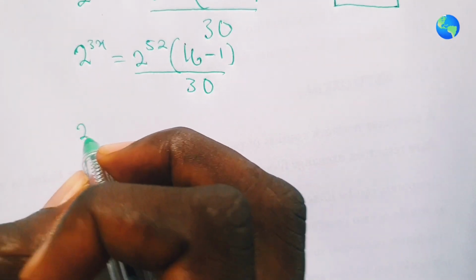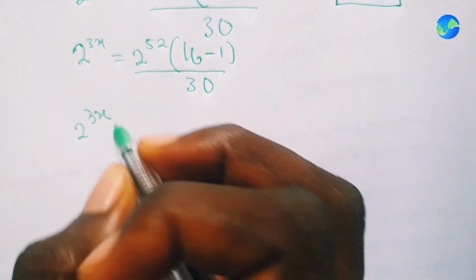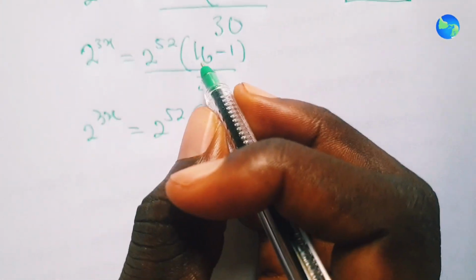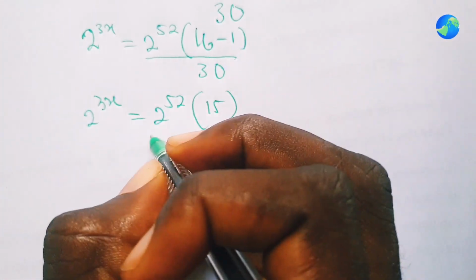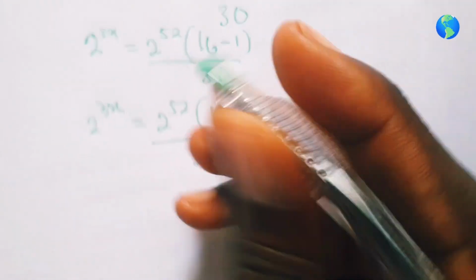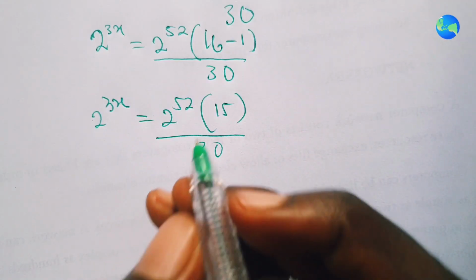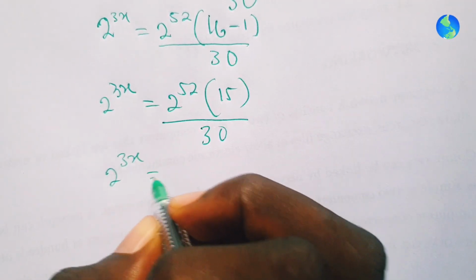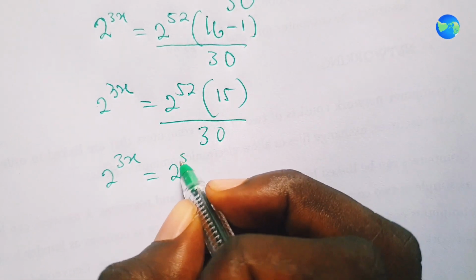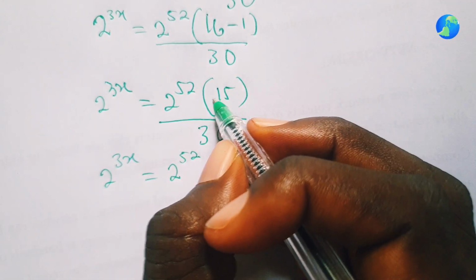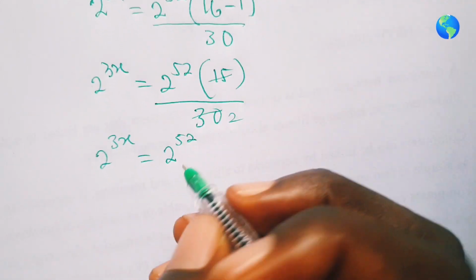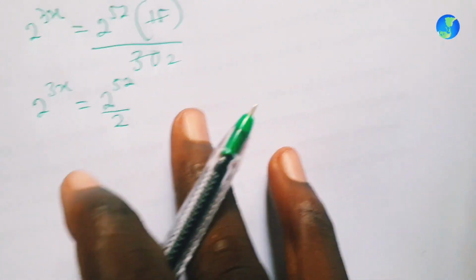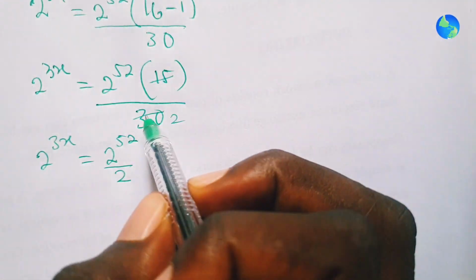So that is going to be 2 power 3x equals 2 power 52 into 16 minus 1, that's 15 over 30, right? So this can be rewritten as 2 power 3x is equals to 2 power 52. Clearly 15 can go into 30 two times, right? This is over 2 this time around. You understand? Based on the relationship of 15 and 30.